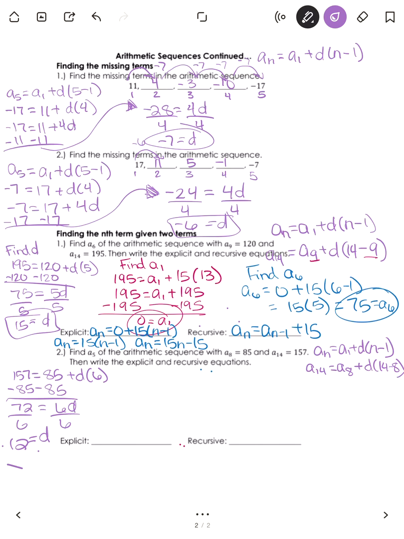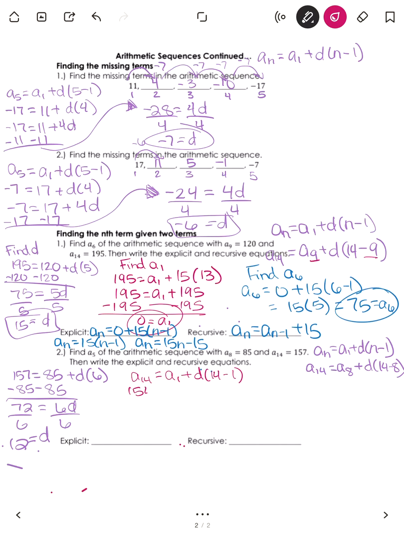Now that I know what D is, I can solve for A sub 1. So I'm going to have A sub 14 equals A sub 1 plus the common difference times 14 minus 1. Again, I'm switching both terms back to 1.